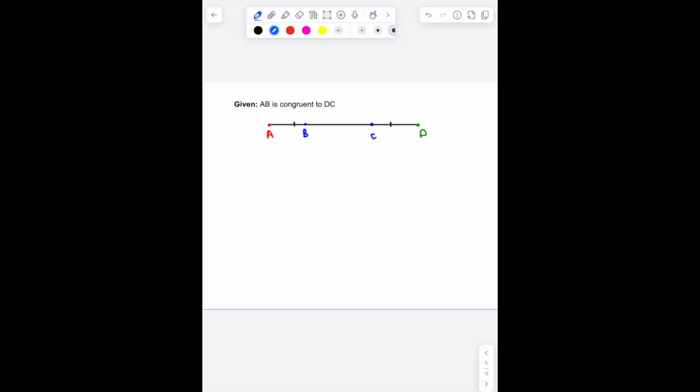Here we're given that AB is congruent to DC, and we have to figure out what conclusion we can come up with. Well, if I take AB and to AB, I add on BC, I end up with this whole segment AC.